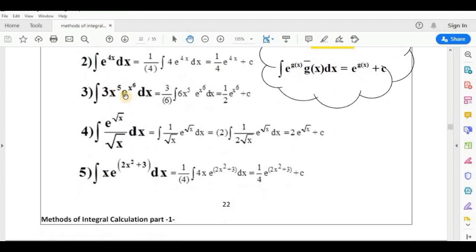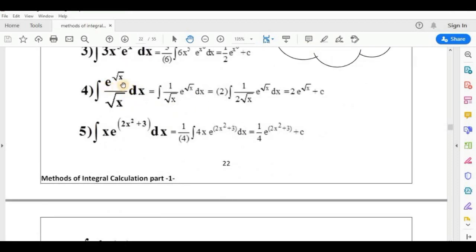Same here, we have an exponential. What is the derivative of x to the power 6? It is 6x to the power 5. We have x to the power 5, so we multiply by 6 in the numerator and divide by 6 in the denominator, and we get the original function. Same here. What is the derivative of root x?